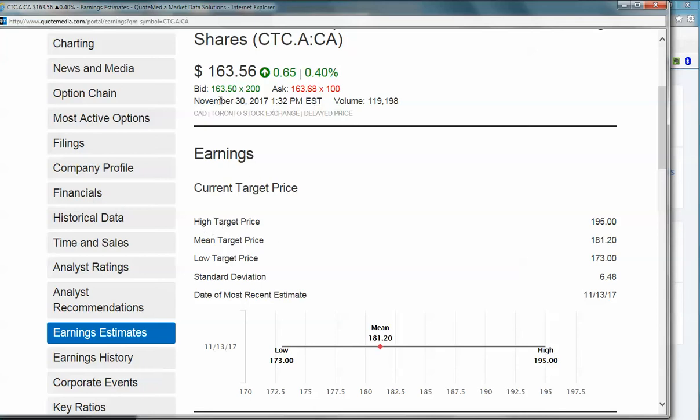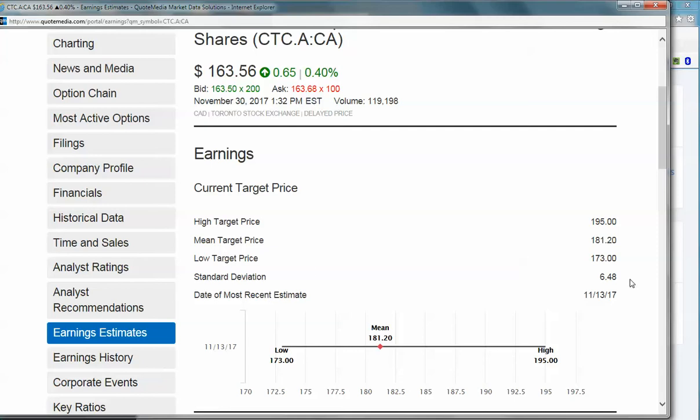As of now, as we produce this animation, Canadian Tire shares are exchanged for $163.56, and we have a forecast of a high target price of $195.